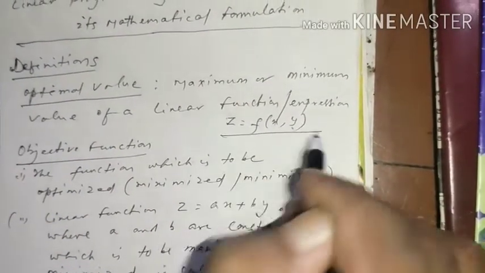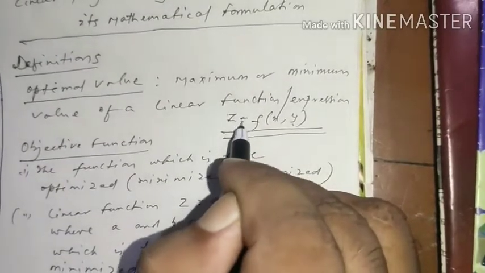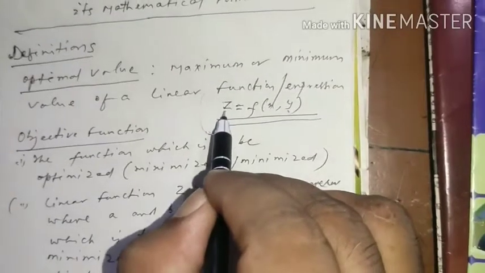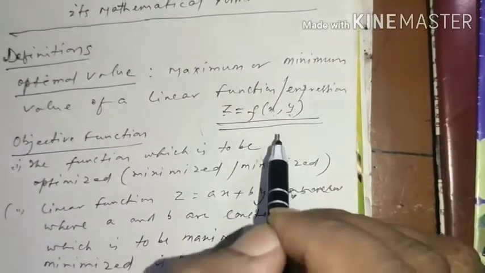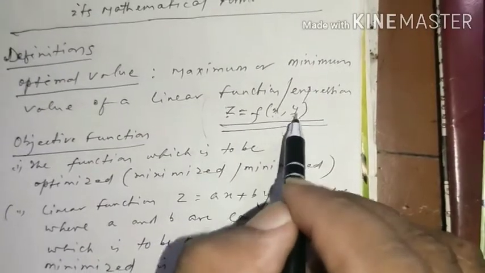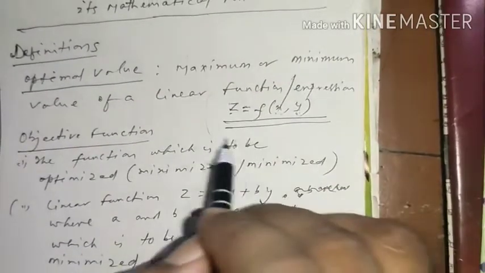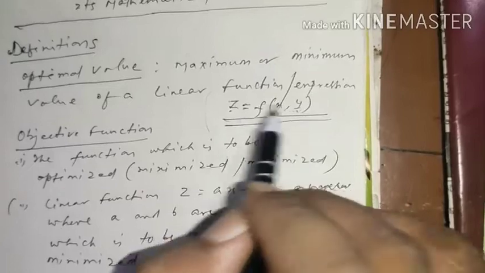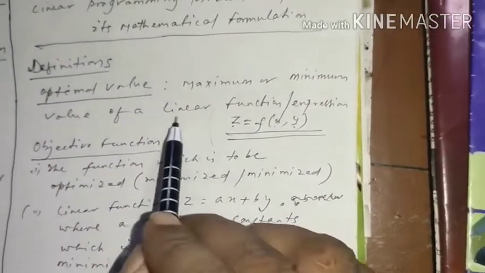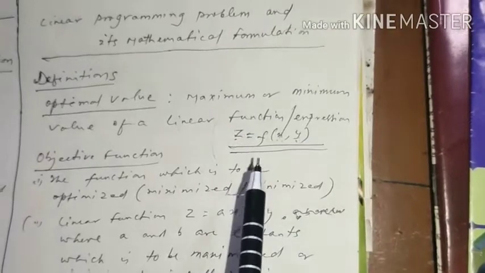That is an implicit function because the left side is z and the right side is x comma y, and there are two variables. Z is a dependent variable and x, y are independent variables. But in a linear programming problem, it can be taken as a linear function or expression.